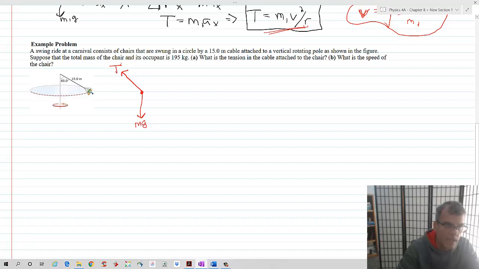And the angle they gave us of 60 degrees is this angle right here, which from alternate interior angles is 60 degrees. So let me just break this up into x and y components.